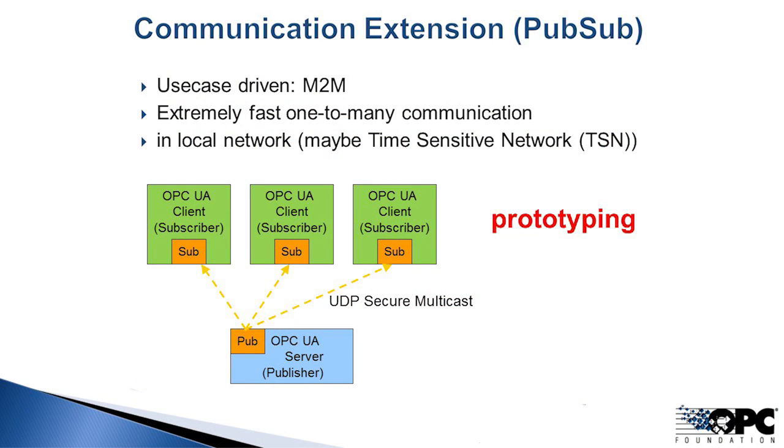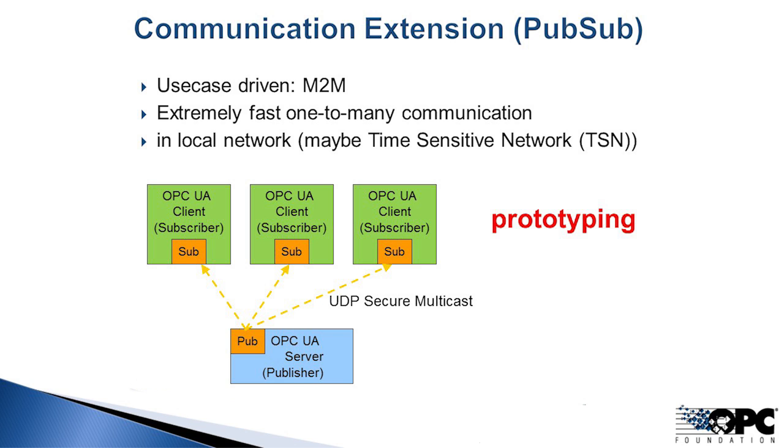The one use case is driven by machine-to-machine communication. In the case where we need very fast communication of maybe only few data, but very fast communication, and where we have the situation where one entity needs to communicate to many others, then PubSub makes sense, so the server can send out the data once and many can listen.